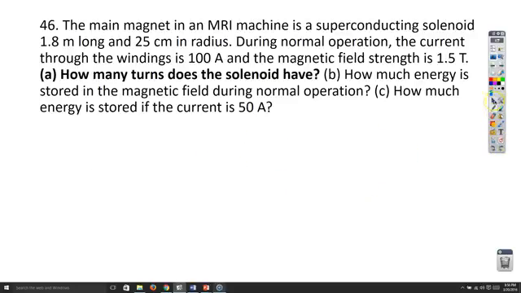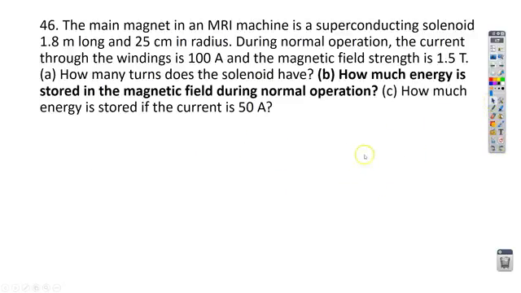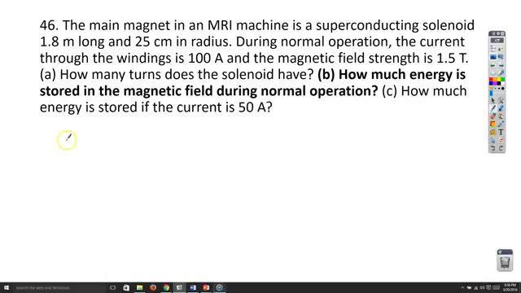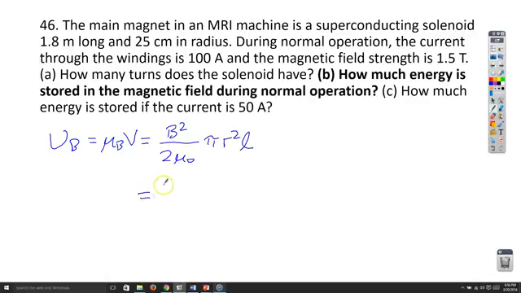For letter B, it says how much energy is stored in the magnetic field during normal operation. So here, the energy stored in the magnetic field is equal to our little UB times the volume. We know that this value we said was B squared, so it's the magnetic field squared all over 2 times that permeability value. And then volume would be pi r squared times L. Put all our numbers in.